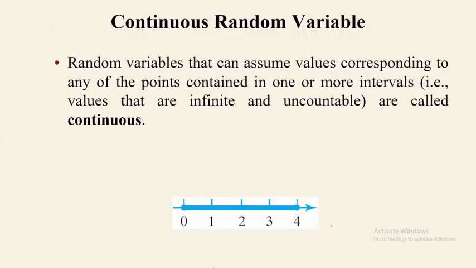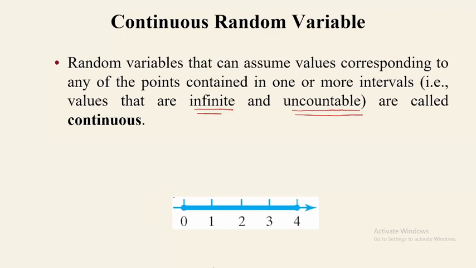Now we come to another part, the continuous random variable. A continuous random variable can assume values corresponding to any of the points contained in one or more intervals. That is, values that are infinite and uncountable. If both these conditions are satisfied, that it is infinite and uncountable, then it is called a continuous random variable.